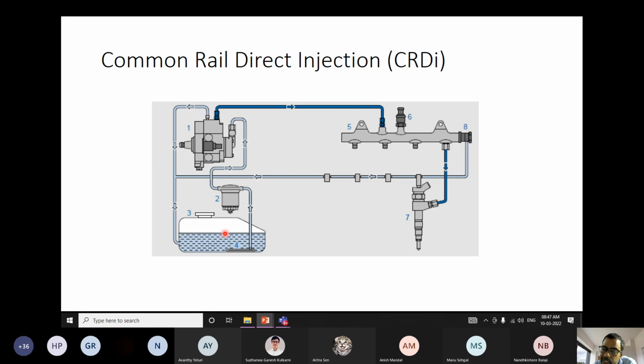Before that, in the compression stroke, whatever fuel injection process takes place, that we call pre-injection. Pre-injection means it takes place before the main injection, and the post injection, as its name suggests, is after the main injection, in the expansion stroke. So we may have one or two pre-injections, one main injection, or one post injection. It depends on the flexibility or capability of the hardware, and whether we really need it during our optimization.